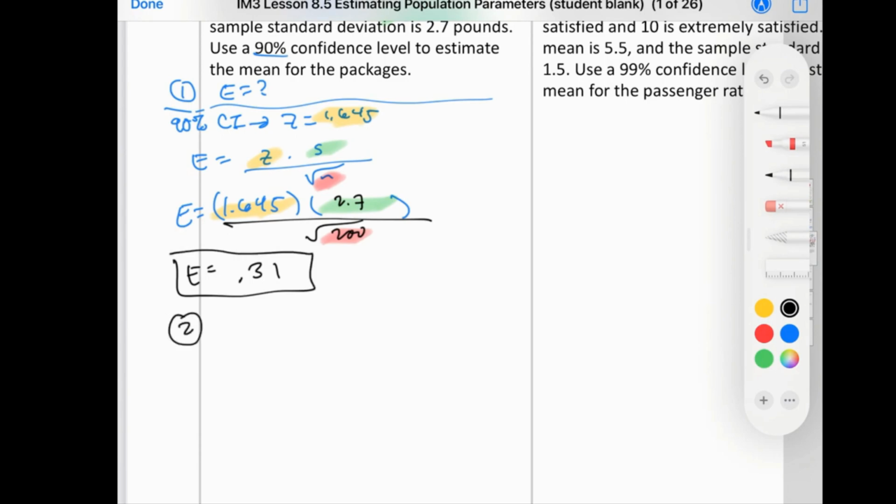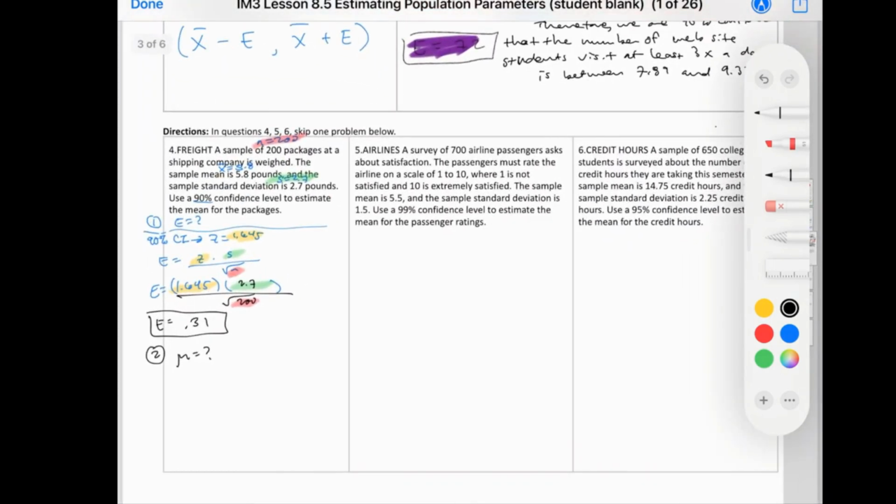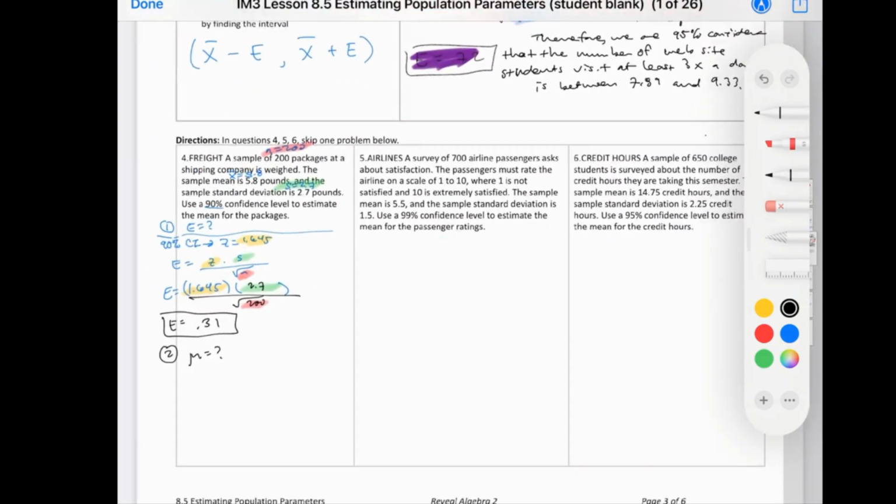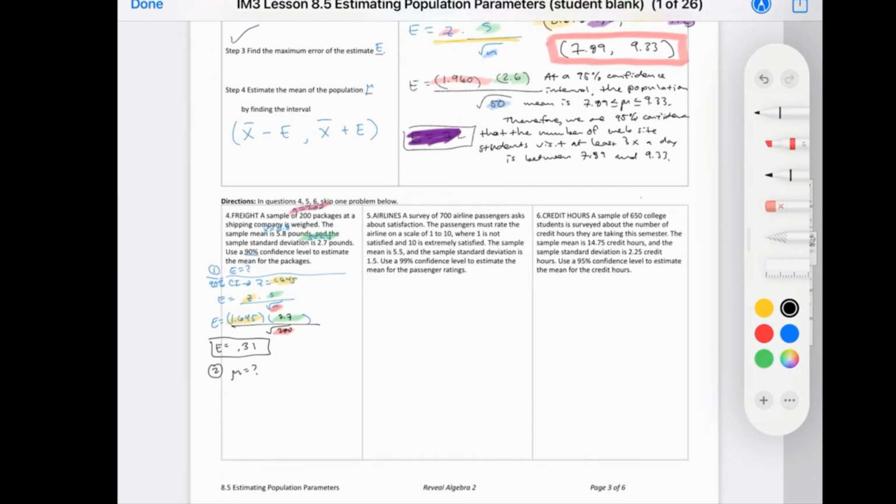Okay, then question number 2 says, what is our mean? We can't confidently say what it is, so we can give a range, okay?